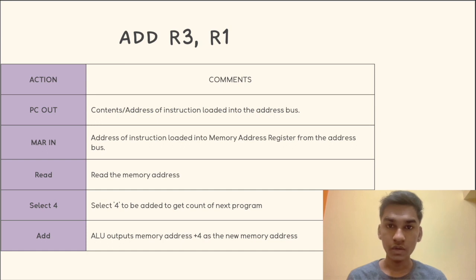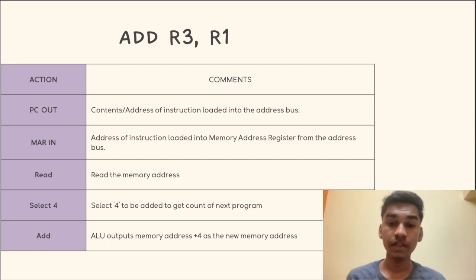The instruction add R2 and R1 is a basic assembly language instruction that performs an addition operation on the contents of two registers, R1 and R2. The instruction is typically executed as part of the instruction execution cycle in a computer's central processing unit, the CPU.